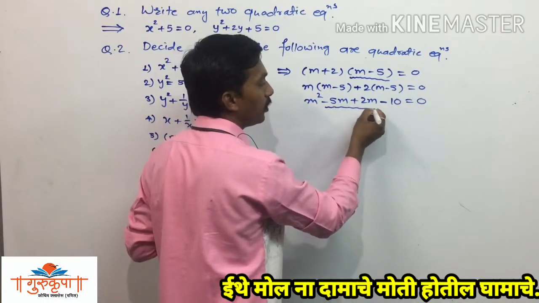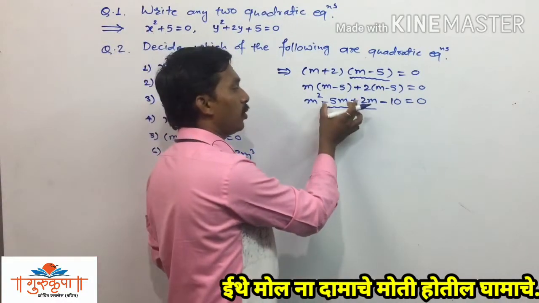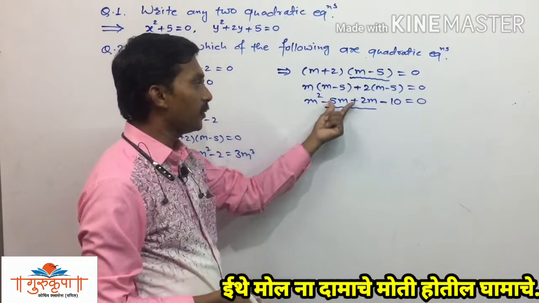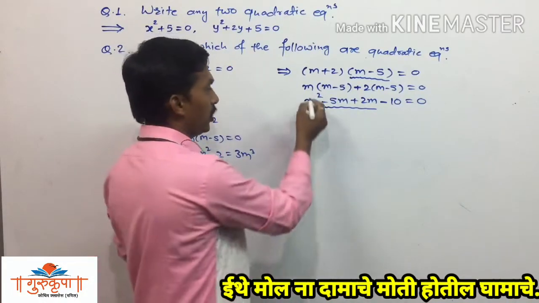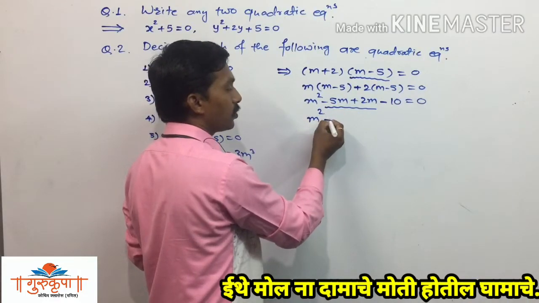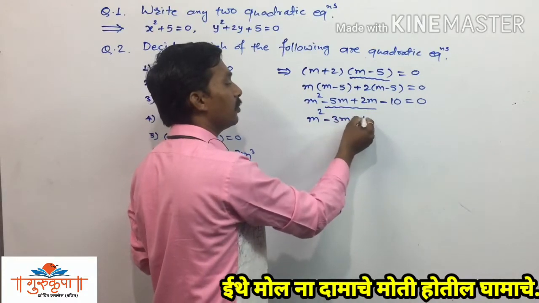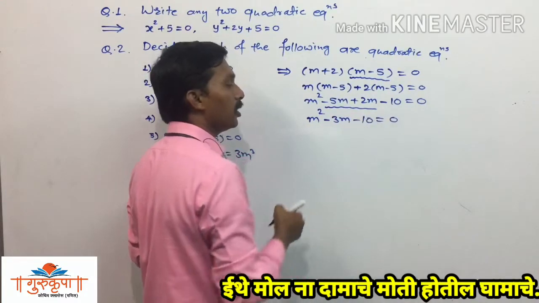These two are similar terms, so we can add or subtract according to the rule. Signs are different, so we have to subtract. This m square as it is, the bigger number is minus 5, so we will write the minus sign there, and 5m minus 2m is 3m, minus 10 is equal to 0.